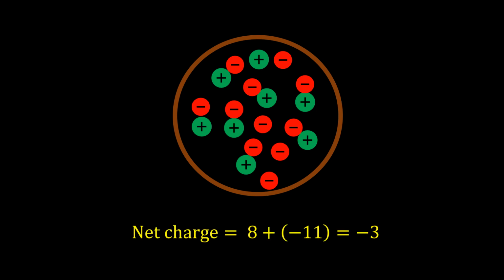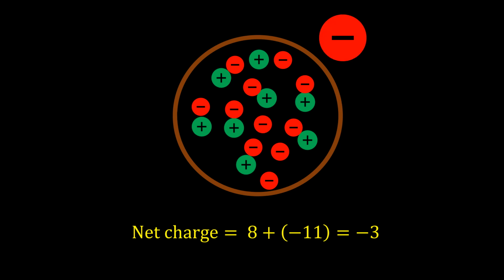The net charge is equal to 8 protons plus 11 electrons. Protons carry a positive charge and electrons carry a negative charge. Hence, we say 8 plus open brackets minus 11. A positive multiplied by a negative is a negative, hence we have 8 minus 11, which is minus 3.